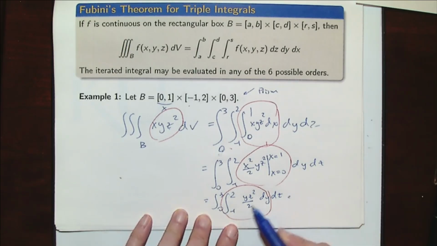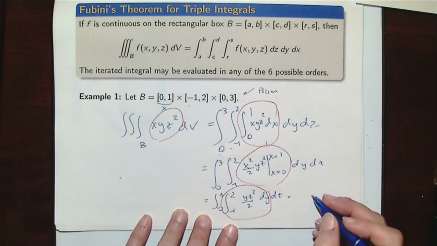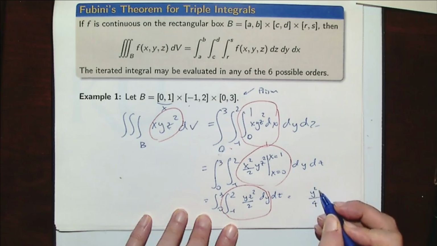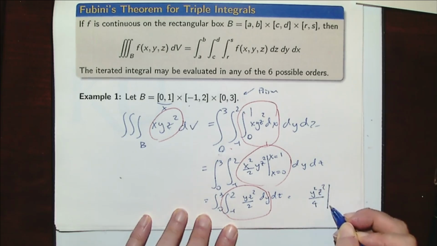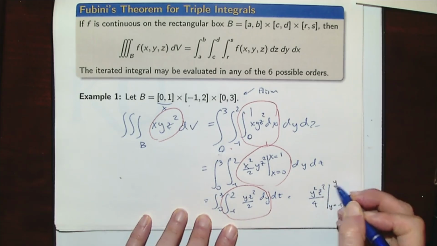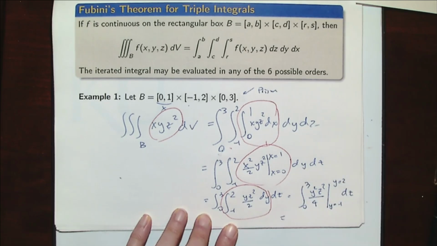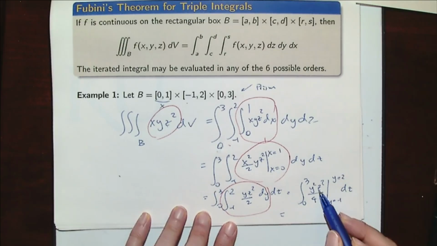That one again with y gives me y squared divided by 2 times z squared, y equal to negative 1 to y equal to 2, 0 to 3, dz. When I plug in y equal to 2, I get 4, and then I get 1.